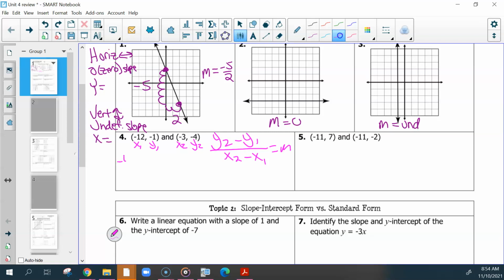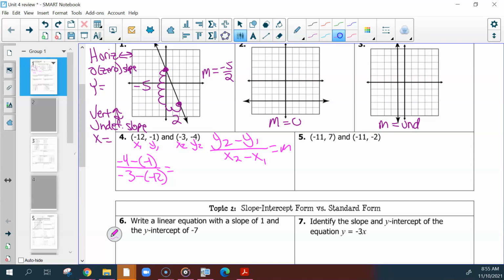Put all of your numbers in the formula. So this would be -4 minus -1 over -3 minus -12. You can either use your calculator, put this in all together, or do this separately. Either or works.